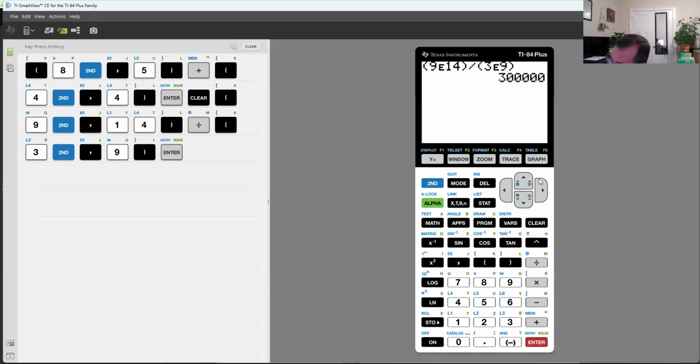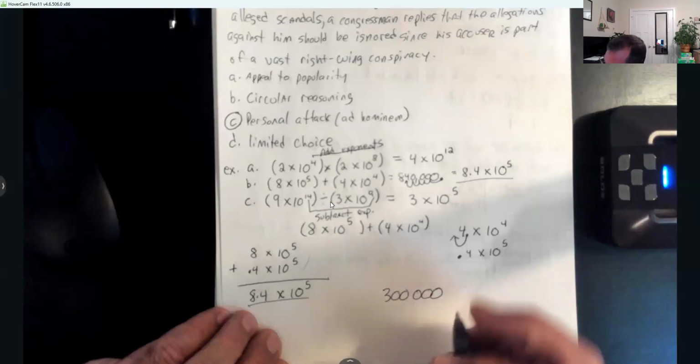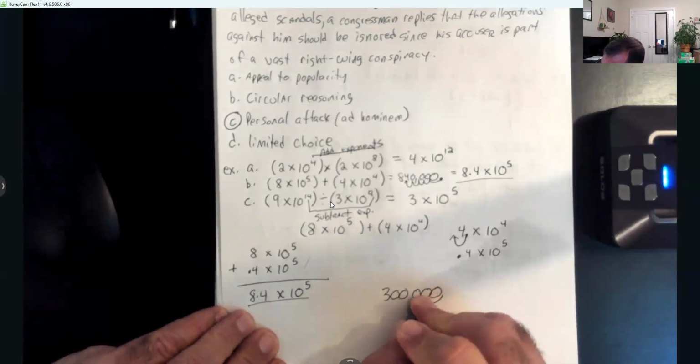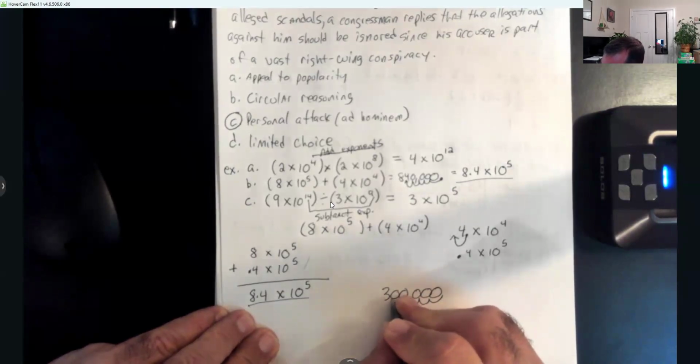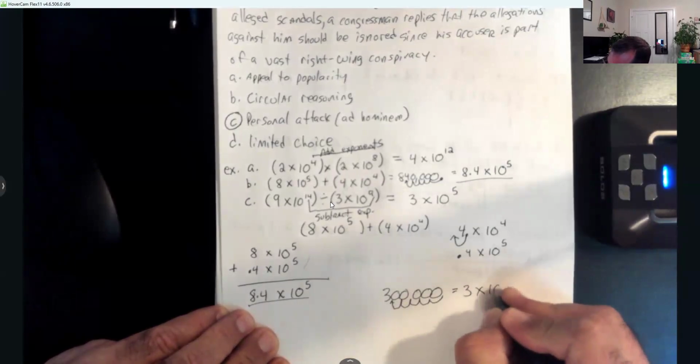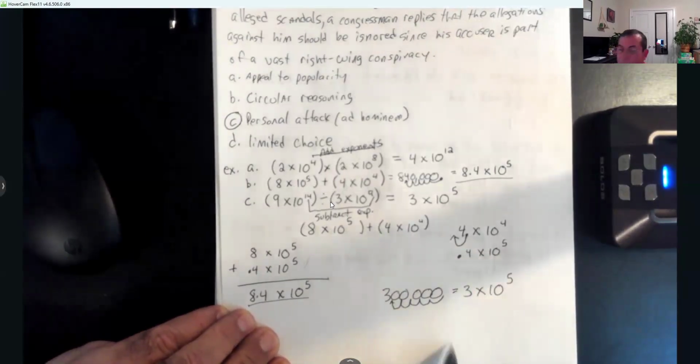But y'all, if you write that 300,000 as scientific notation, well, let me get my 300,000 written down real quick. So notice, here's my 300,000. I would move the decimal left 1, 2, 3, 4, 5, so that I get 3 times 10 to the 5th.